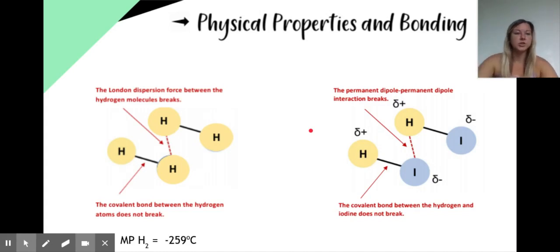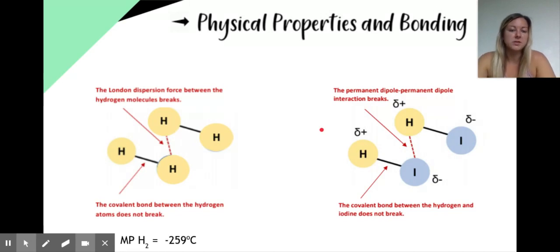How is hydrogen iodide different then? The only difference in the molecule between these 2 is that one of the hydrogens in it has been replaced by an iodine. Now what this means is there is an electronegativity difference between the two atoms, where iodine is more electronegative, so it's going to have a greater attraction for the bonding electrons.